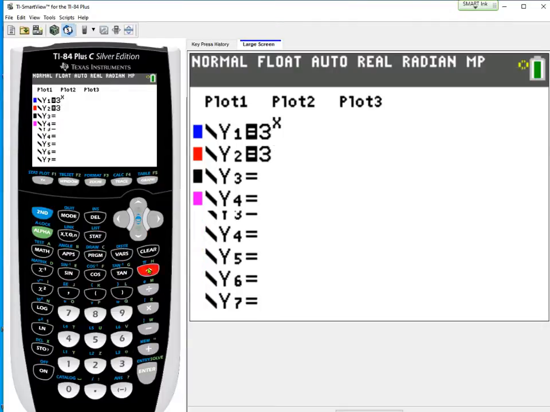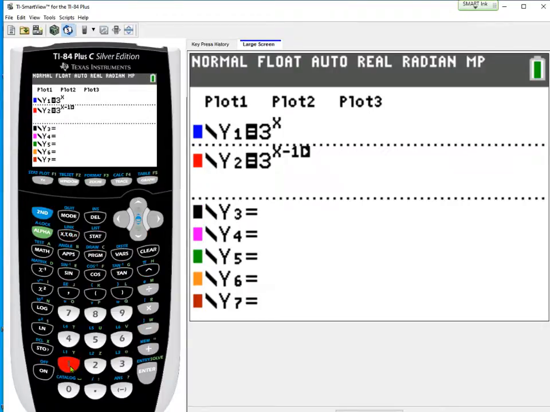We've got 3 to the x minus 1. So before I hit enter on this, I want you to turn to your neighbor and talk about what's going to happen to this new picture.